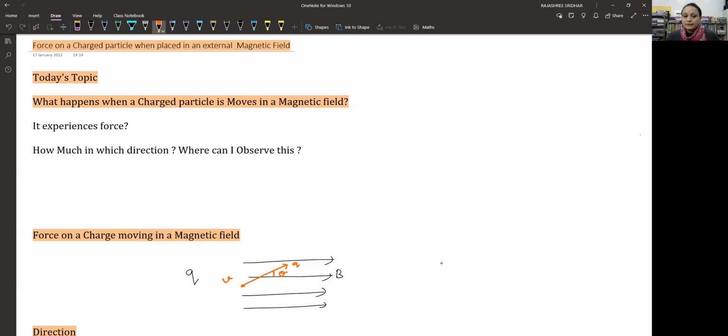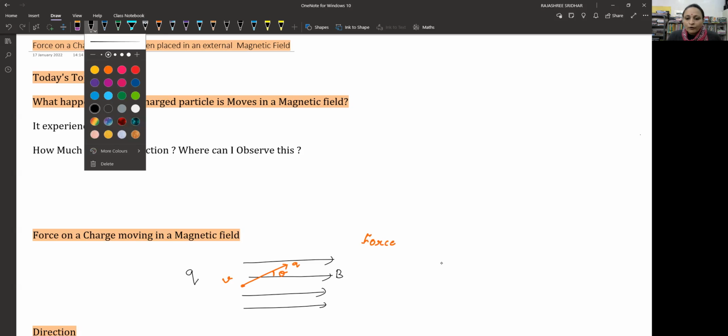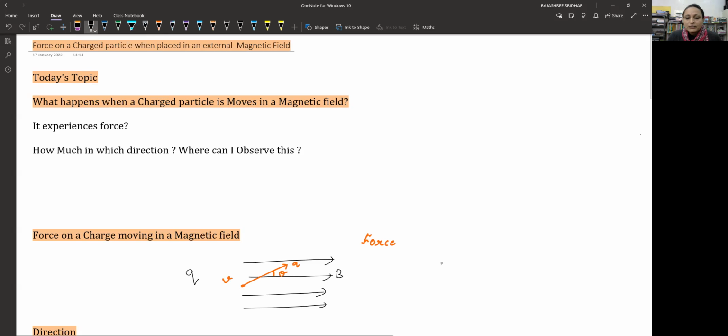इस पे force लगेगा. तो कितना? ठीक है? From experiments we found that the force acting on this charged particle is directly proportional to the magnitude of the charge. मतलब जितनी चार्ज की वैल्यू होगी उस पर डिपेंड करेगी.